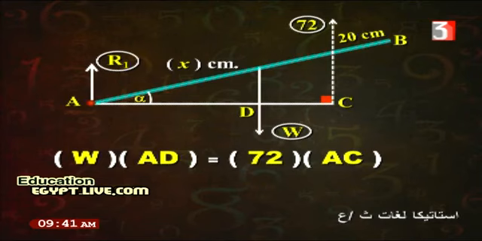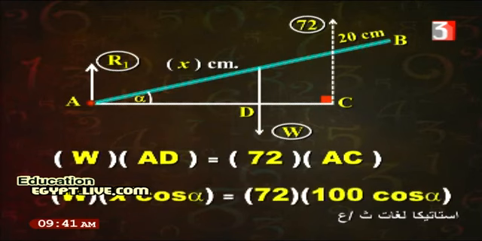What is the length of AD? AD equals X cosine alpha. We have two forces, W and 72, in opposite direction. W times AD equals 72 times AC.